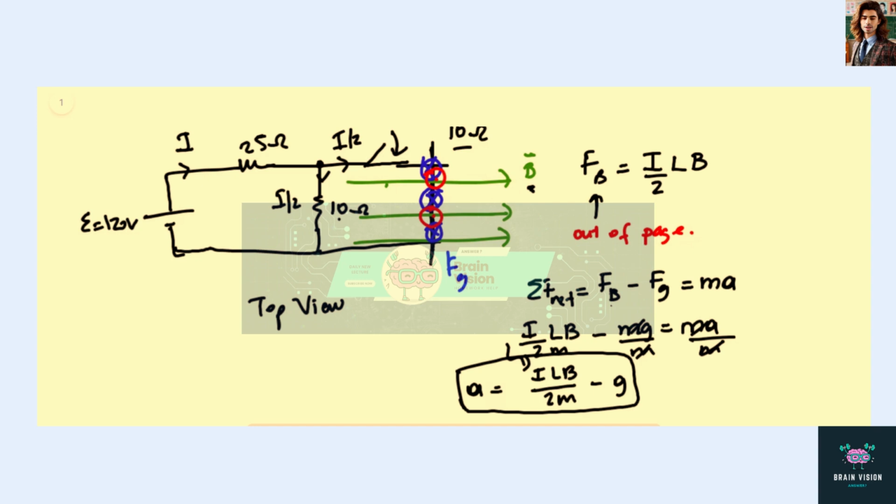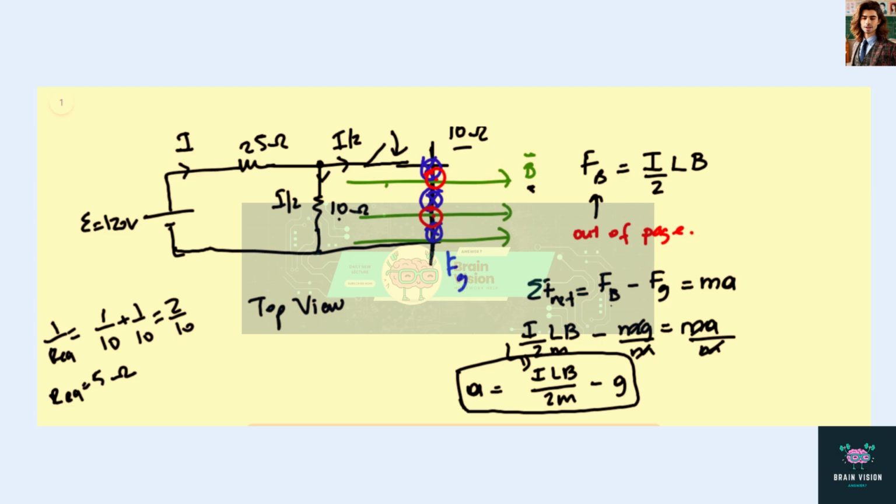So 1 over 10 plus 1 over 10 gives the equivalent resistance for the resistors in parallel. 1 over 10 plus 1 over 10 is 2 over 10, but we have to take the inverse of this, so it's going to be 5 ohms. So 1 over Req equals 2 over 10, and Req equals 5 ohms.